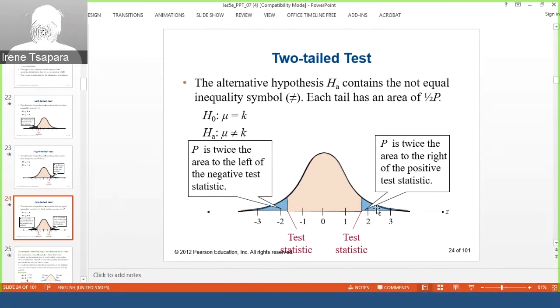Half of your significance level. What is your significance level? Well, if your confidence level is 99%, then your significance level is 1%, meaning 0.01. If you have a two-tail test, then each one of these regions, the blue rejection regions, will be 0.005, meaning 0.5% of the entire area.